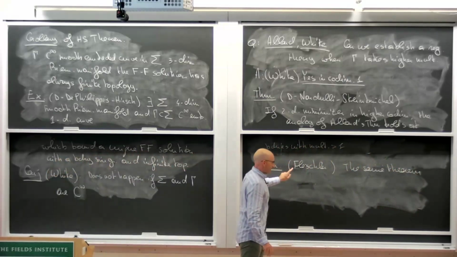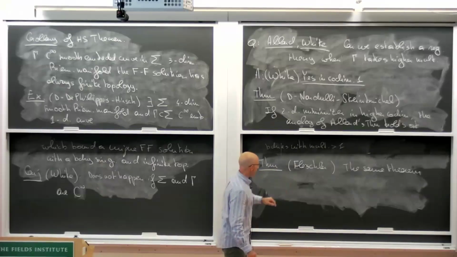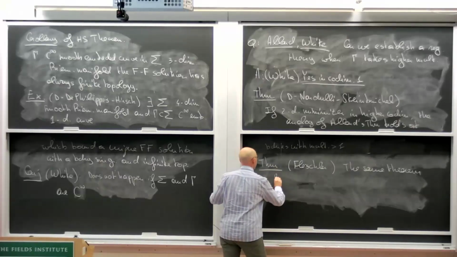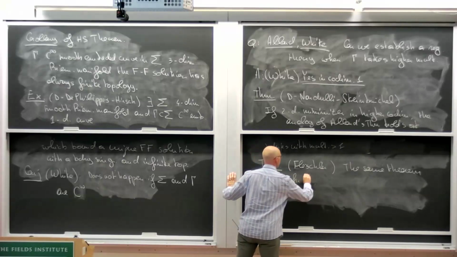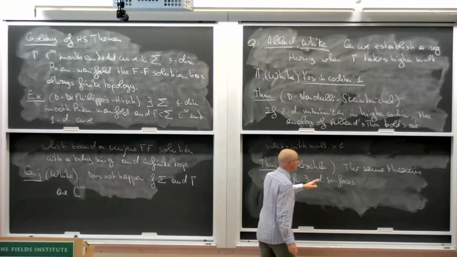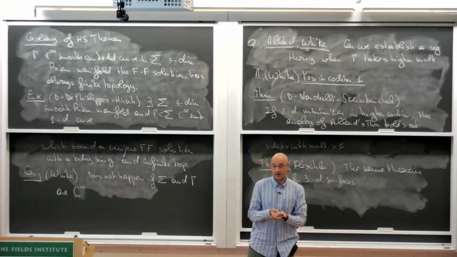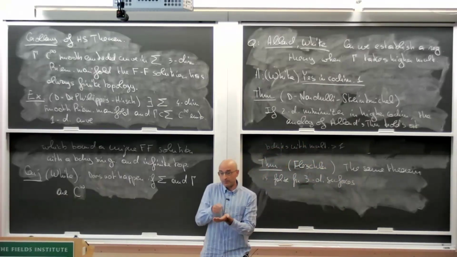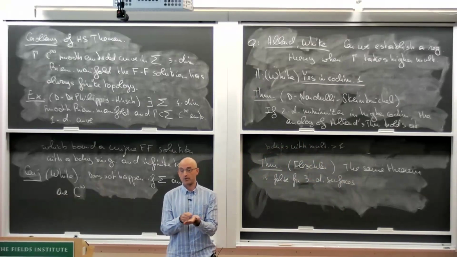So yeah. I'm just going to state this theorem. The same theorem is false for 3-dimensional surfaces. So in other words, there can actually be singular points under Allard's assumption, but these singular points are of lower codimension.